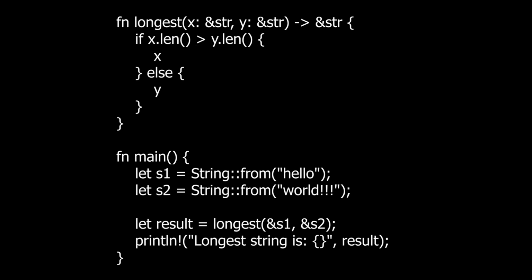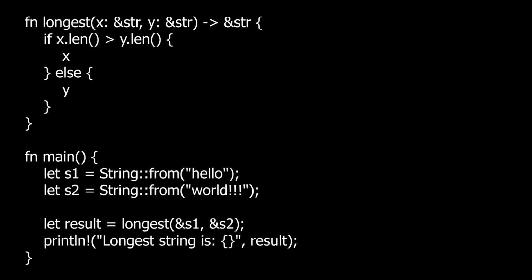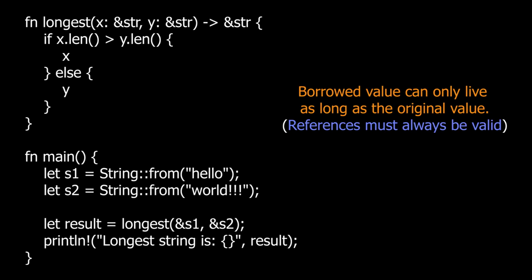You only need to write lifetimes explicitly when the compiler can't figure it out on its own. Take this for an example. This longest function accepts two references of string slices, x and y, and returns the longest among the two. So the return type is also a reference, and that is a borrowed value. We know from borrowing rules that the borrowed value can only live as long as the original value.